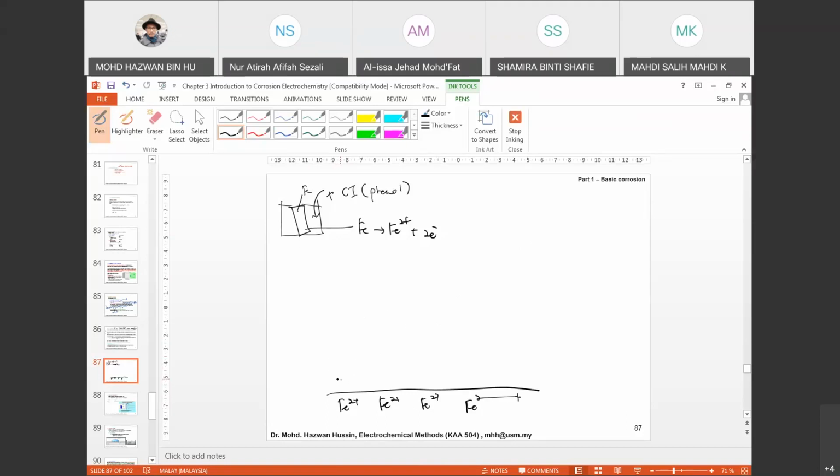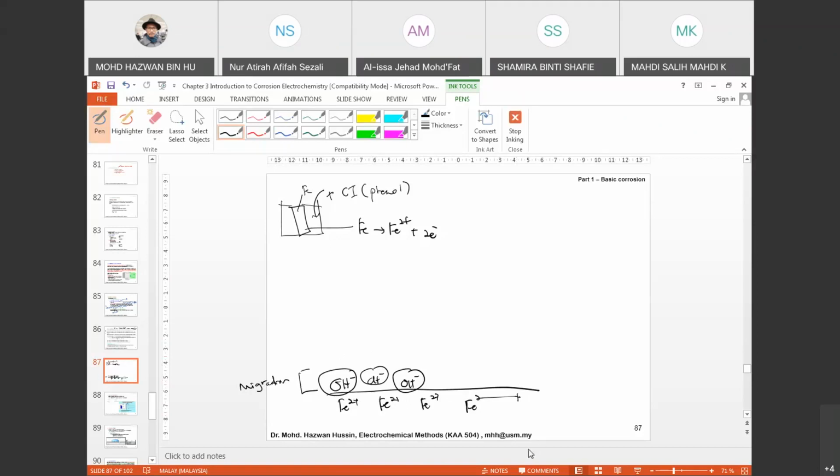If I put OH minus here, OH minus, OH minus, it is an electrostatic interaction. You have a so-called migration, remember in the first chapter, mass transport.